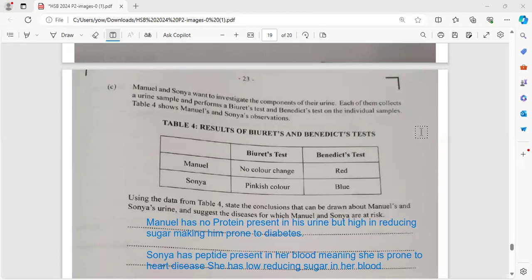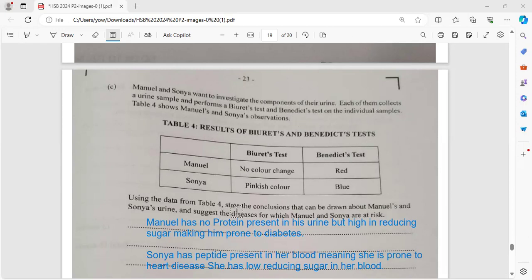So blue means that Sonia has no reducing sugar, or very little, in her test. So based on that, I could say that Manuel has no protein present because there was no color change in his urine, but high reducing sugar, making him prone to diabetes.